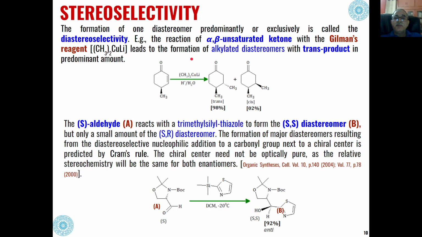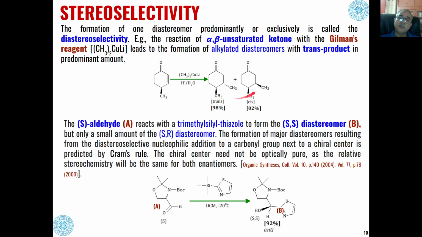The next example is in the case of alpha beta unsaturated ketones. If these are reacted with Gilman's reagent, dimethyl cuprolithium, we know that under these conditions this will undergo alkylation reactions.